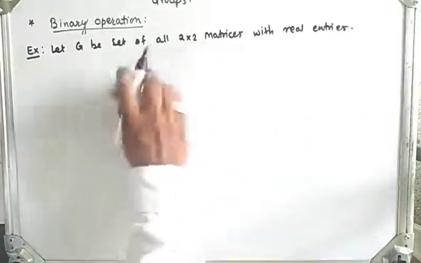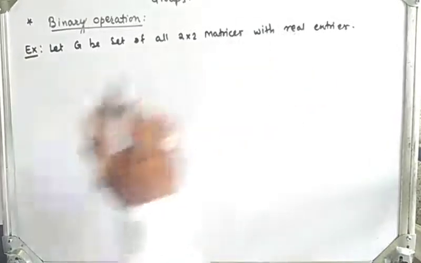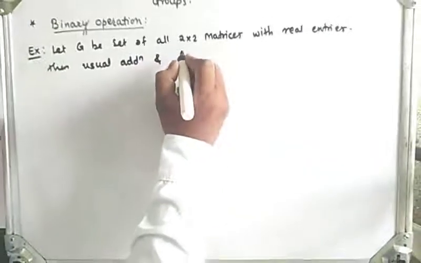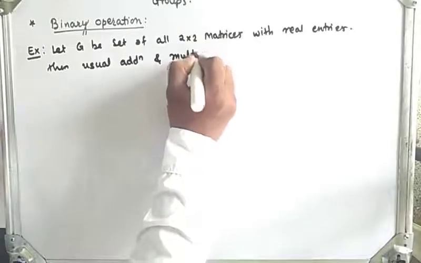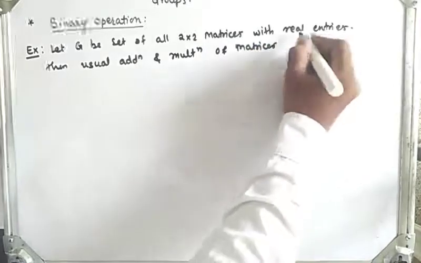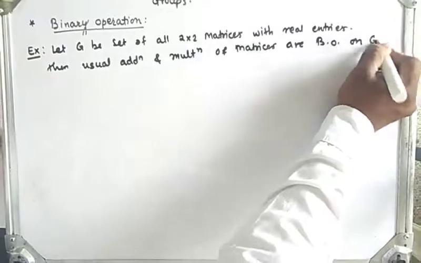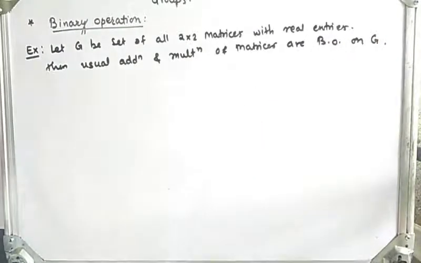Then if I take the addition of these two matrices, again we will get a matrix whose entries are real numbers. So the usual addition and multiplication of matrices are binary operations on G. Note that we can add only those matrices having the same number of rows and columns.